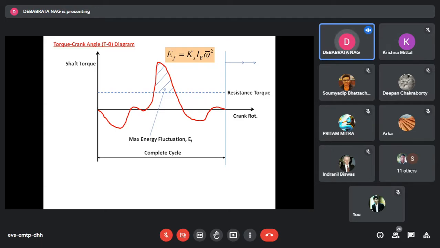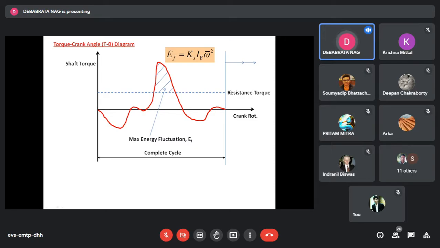So therefore, we find that in order to keep the speed within the tolerable limit, this speed variation will be there. I cannot help it. But I can control the speed variation, and that control will be taken by the flywheel. The flywheel basically acts as the energy reservoir.